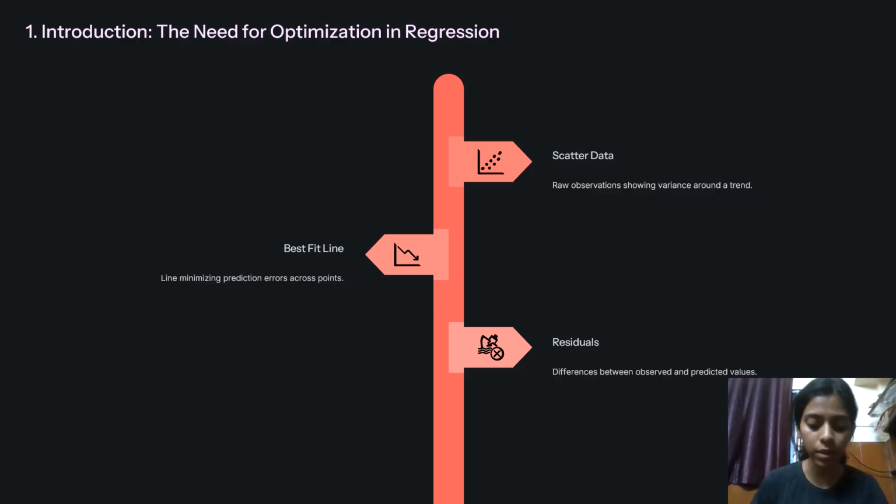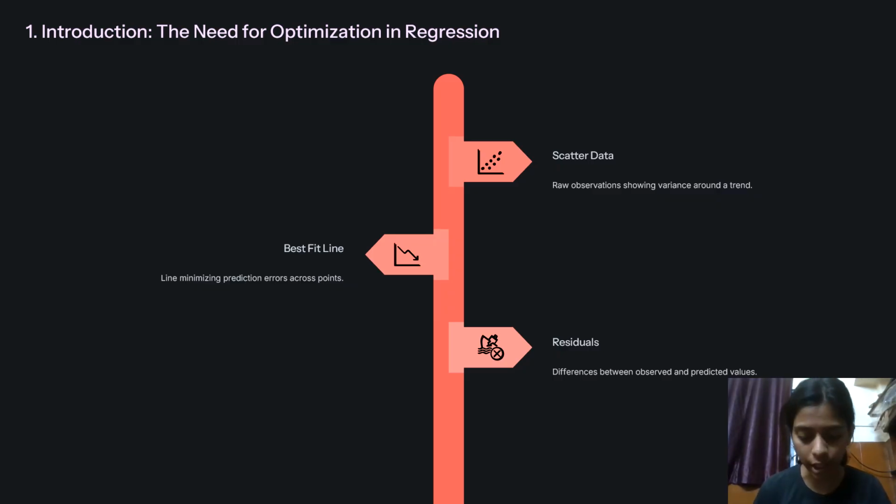That's the difference between actual observed values and the values predicted by our model. But here's the challenge. No line perfectly fits all the points. We need a way to measure how good or bad our predictions are. That's where the concept of loss function and optimization comes in.